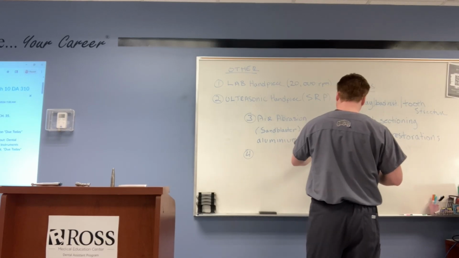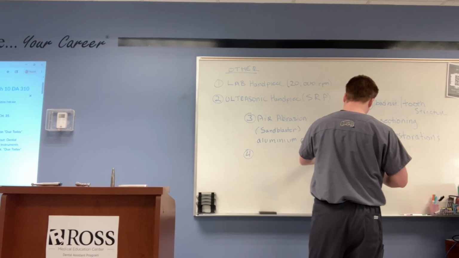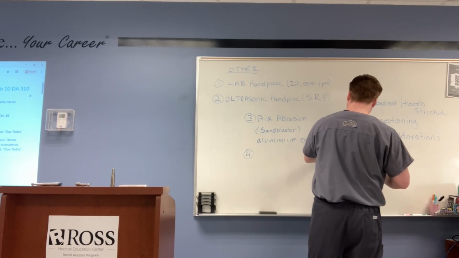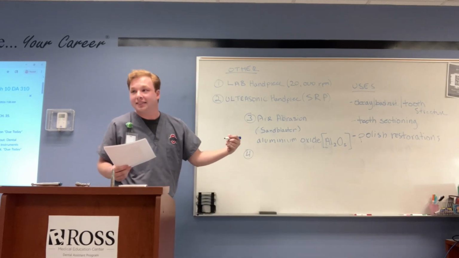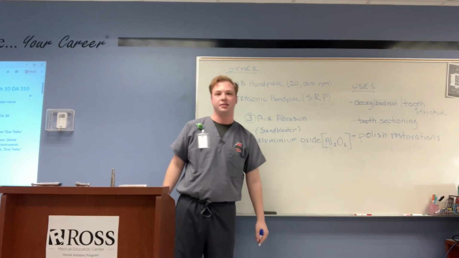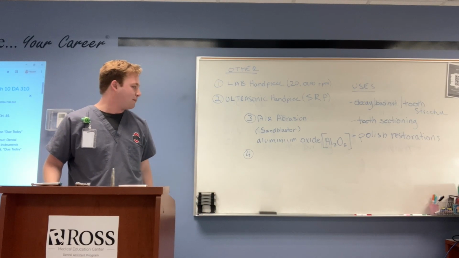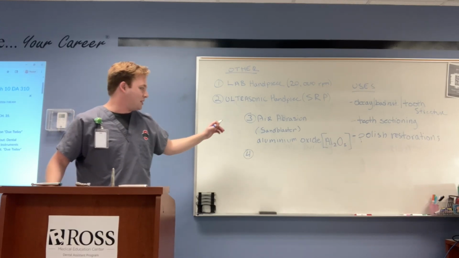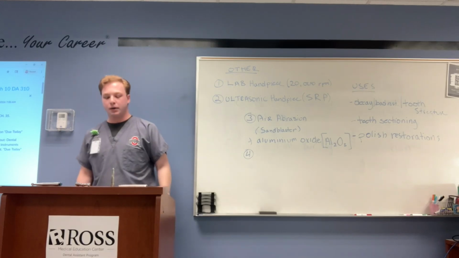And if any of you guys are chemistry fans, that's abbreviated as Al2O3. If you guys are just curious, if you want to write that down. It's got 2 aluminum and 3 oxygen atoms. So the air abrasion is kind of like a sandblaster, and it's shooting out these particles of aluminum oxide.